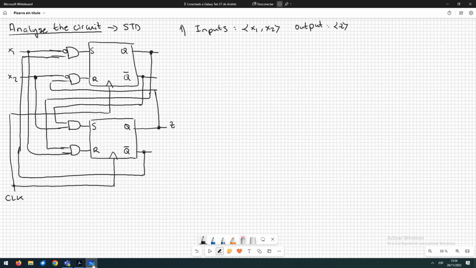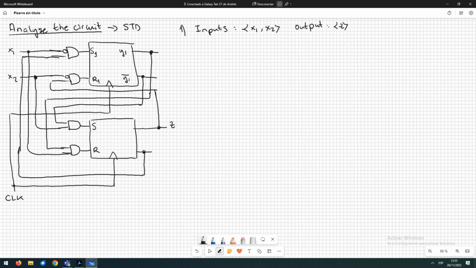So I'm going to remove this to directly write the name of the state variable I'm going to choose. This is going to be, for example, my first SR bistable with the state variable Y1 and Y1 negated. You can use, for example, Q1. There are several ways to name the bistable.